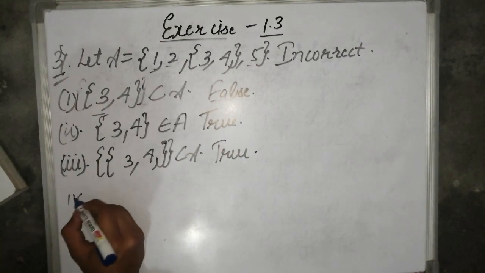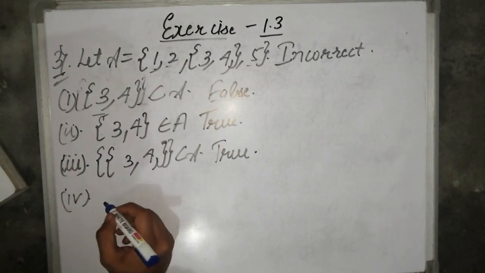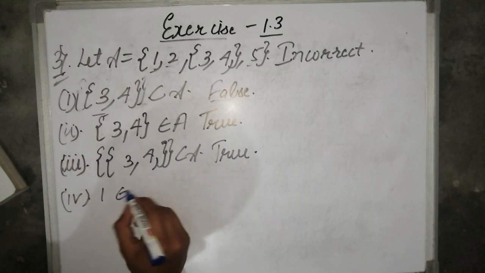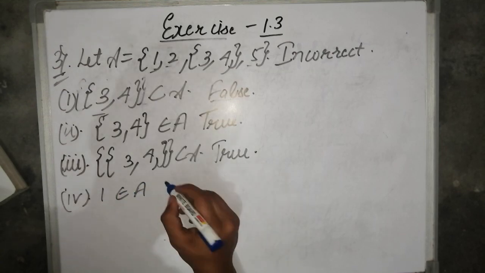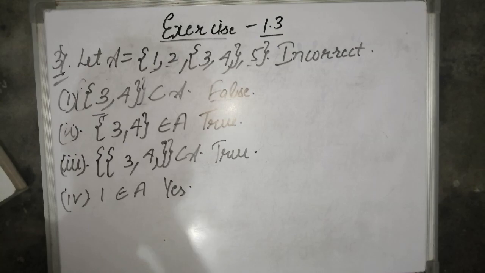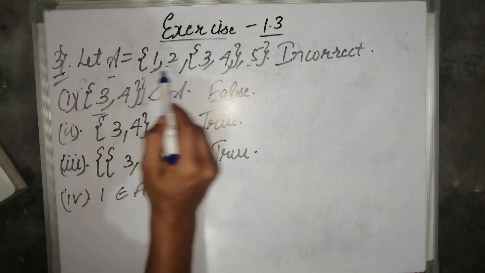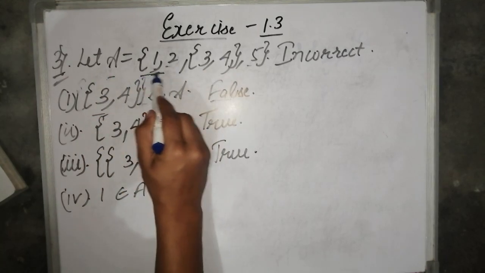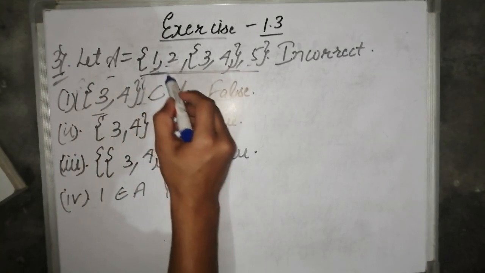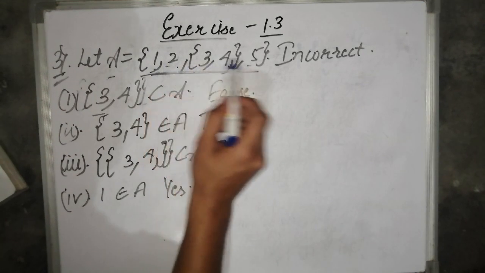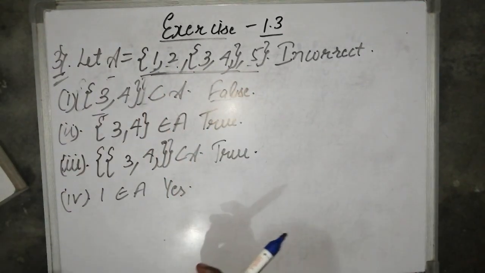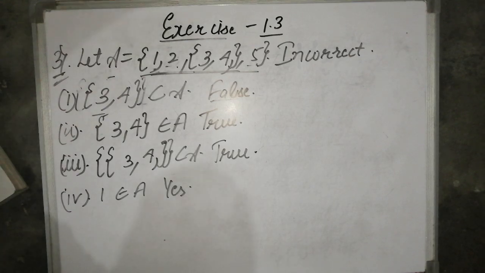Going to the fourth part, we have 1 belongs to A. Yes, 1 belongs to A. Students, note that in this set A there is a set made in it. {3, 4} is a subset of {1, {3, 4}, 5}. There's nothing to hesitate about if it comes in the exam.